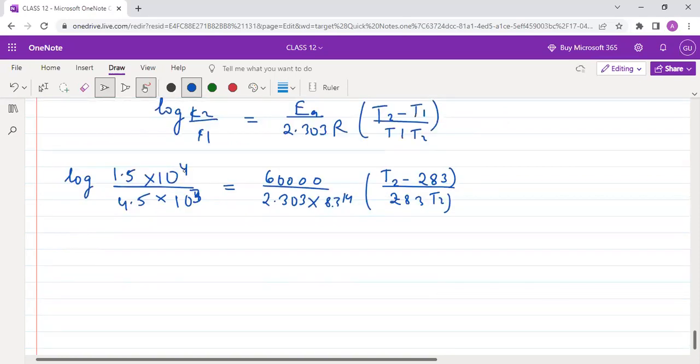If you see here, 15 threes is 45, and it will get cancelled. So log 10 by 3 is equal to 60,000 by 2.303 into 8.314.